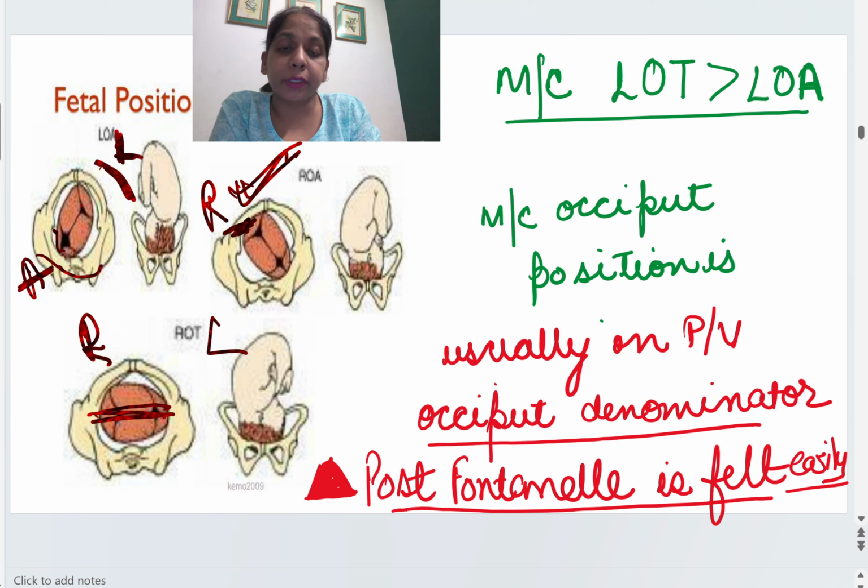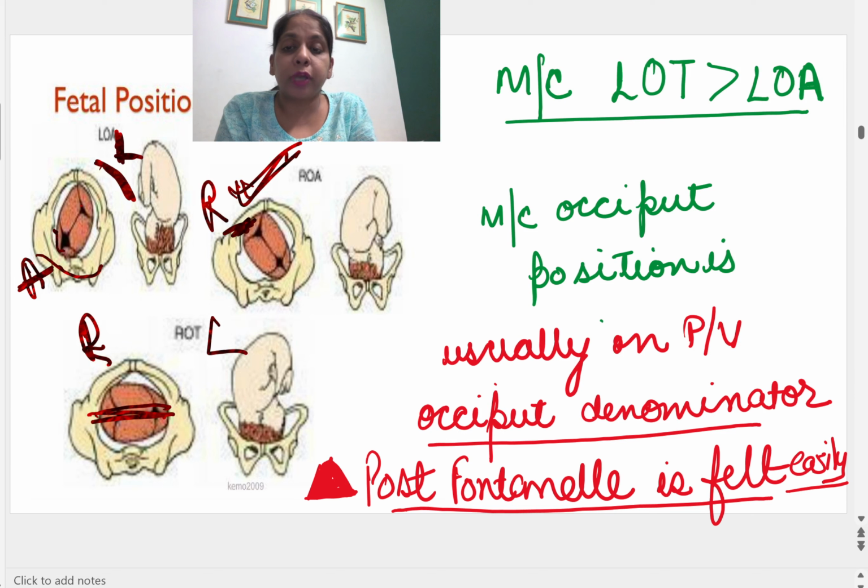Okay, so usually whenever we do PV, the most common position which we get in the examination is left occiput transverse or left occiput anterior. So what is the most common position?